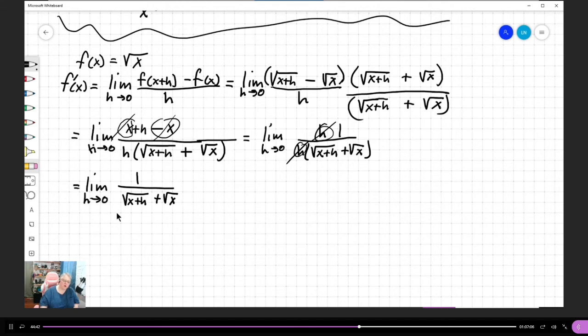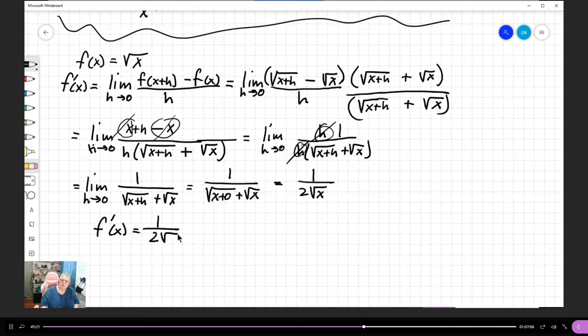Now I'm going to stop and try to plug in h again, like I do at every step. If I let h be 0 here, I have 1 over the square root of x plus 0 plus the square root of x. Well, x plus 0 is just x, so then I have the square root of x plus the square root of x, 1 over 2 square roots of x. So that means f prime here is 1 over 2 square roots of x.